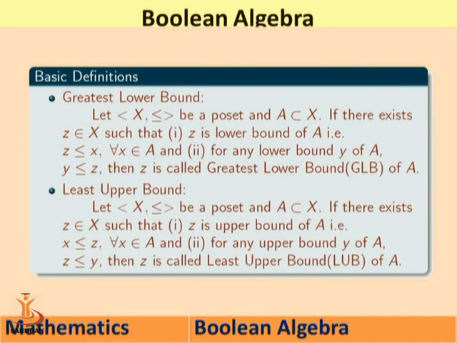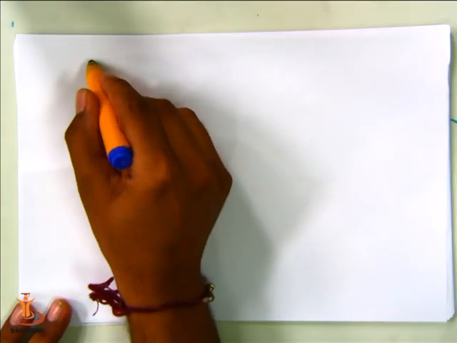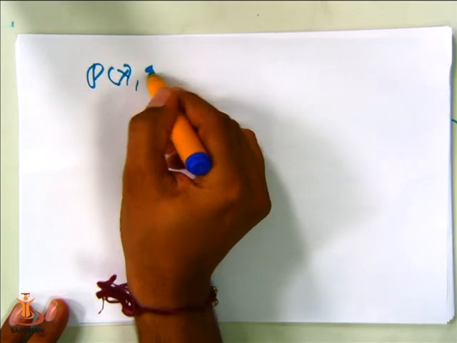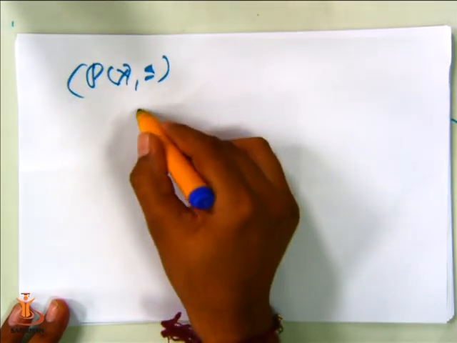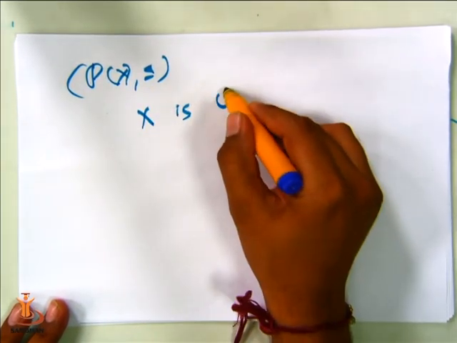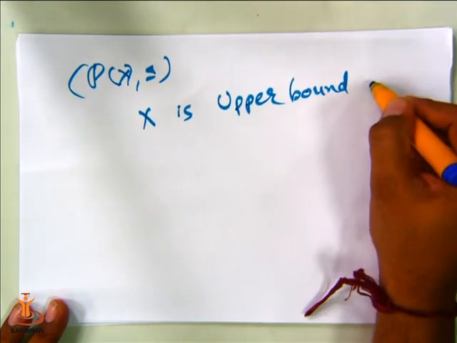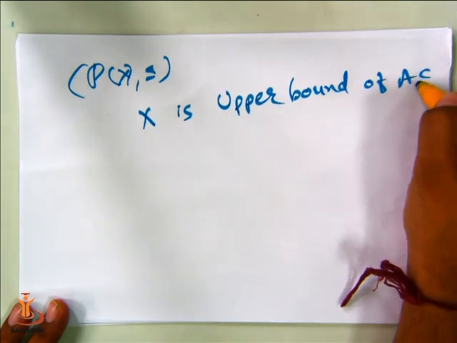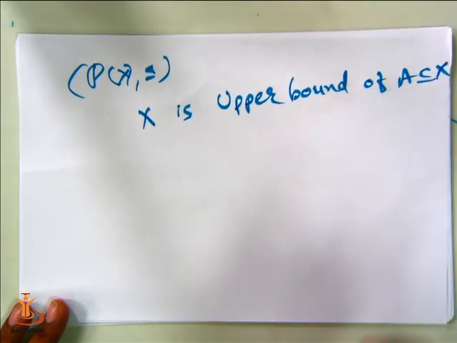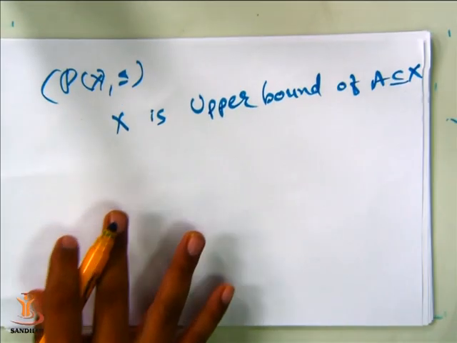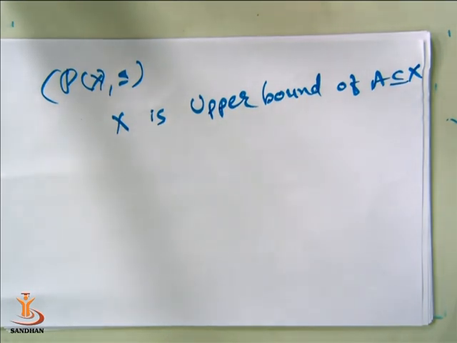So in the power set example, for the power set of X with less than or equal to, X is an upper bound of A, a subset of X. That means A is an element of the power set of X, and if we take any other upper bound, then X is the greater one.